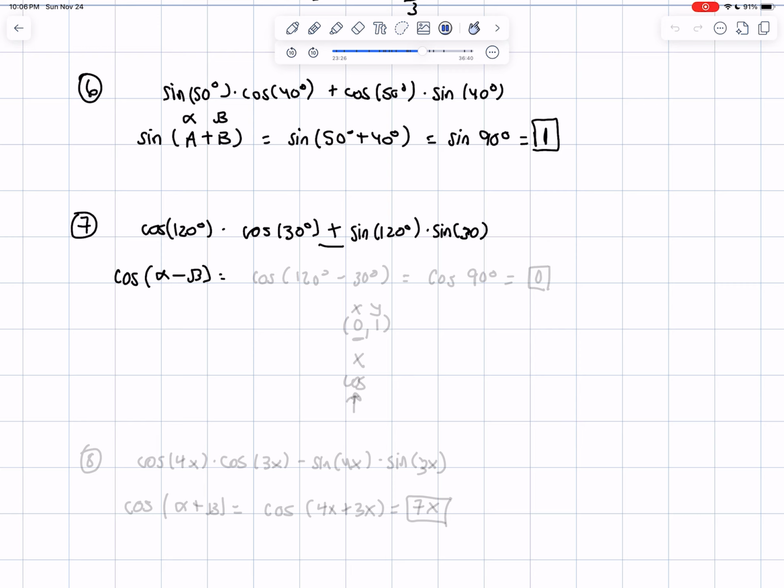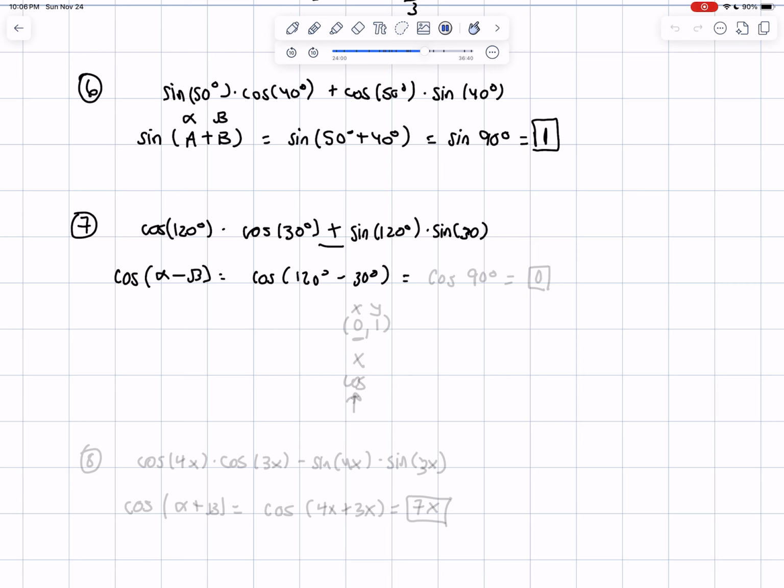So that means when we write it out, it'd be minus. So cosine of 120 degrees minus 30 degrees.